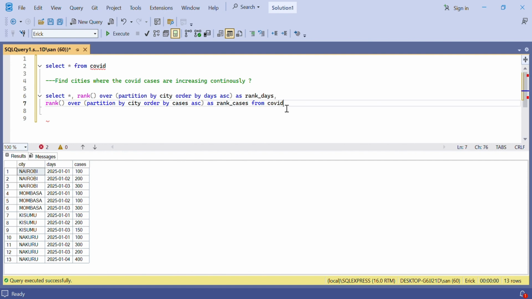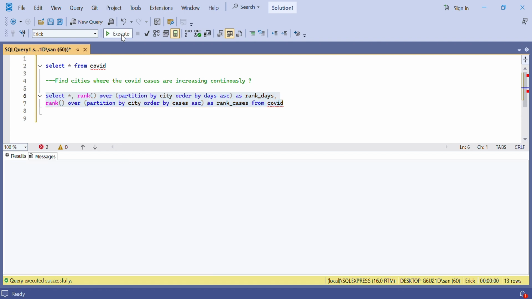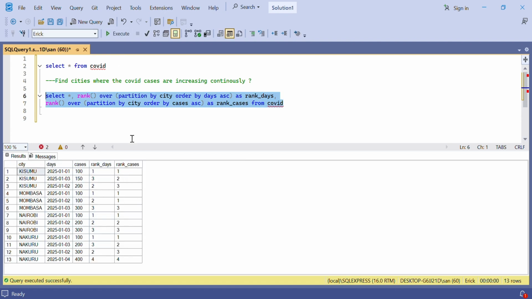If you run this, you can see the city Nairobi.